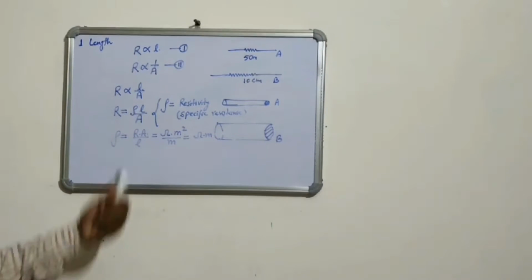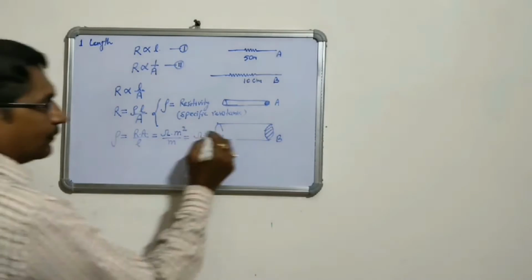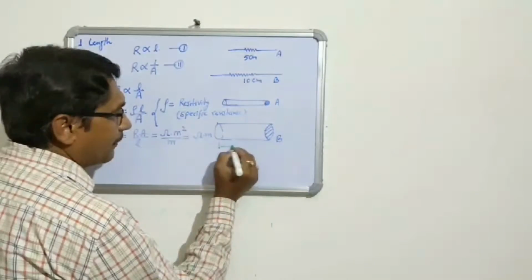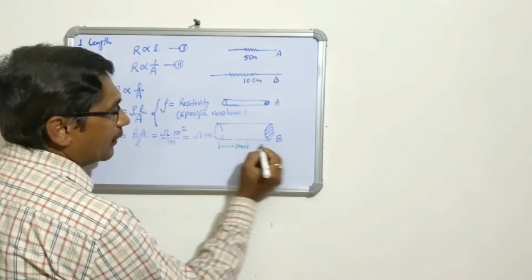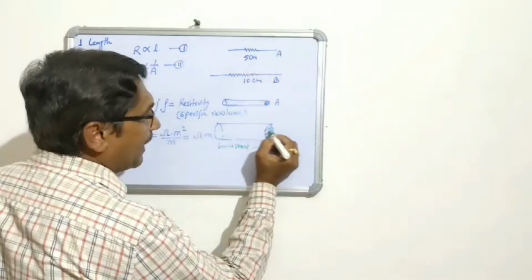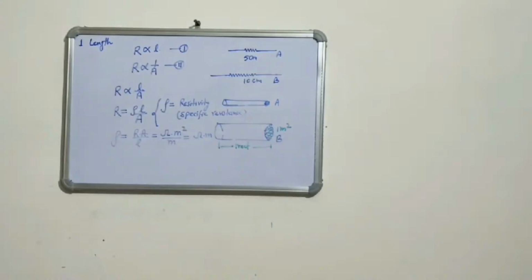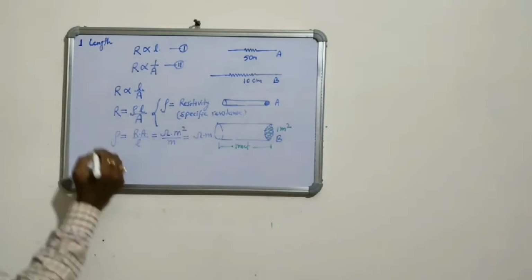Now what is specific resistance? Let us define. Suppose the length of the wire is 1 meter and the area of cross section of the wire is 1 meter square. Then we can put the values here.